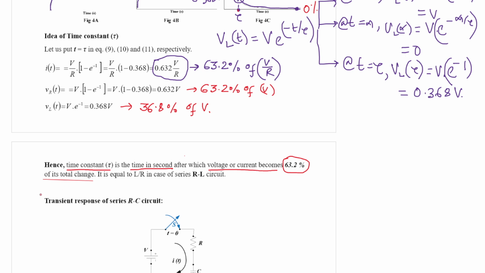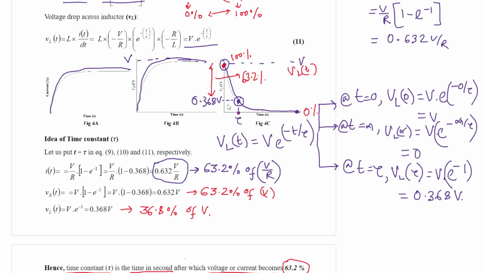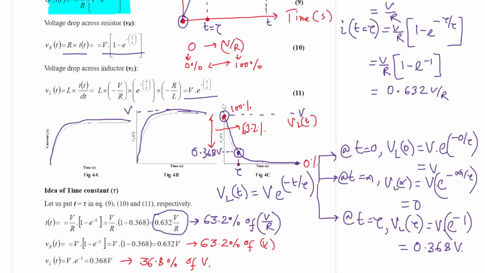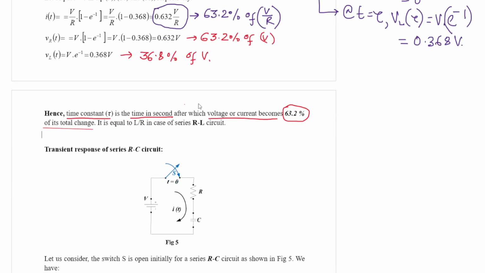If you measure the total change as 100%, then after one time constant you will observe that the magnitude becomes 63.2% of its total change. That is the significance of the time constant.